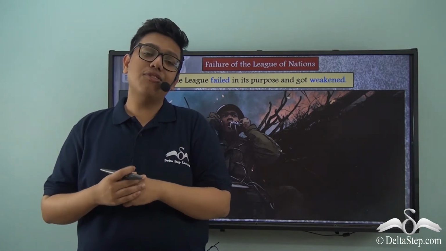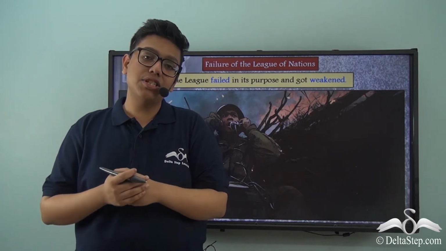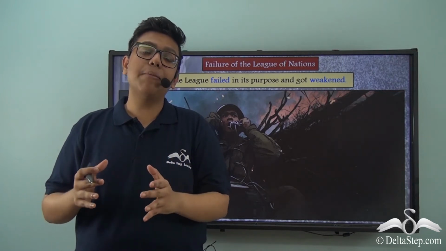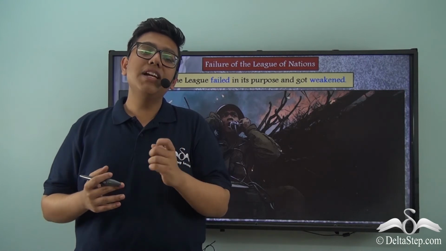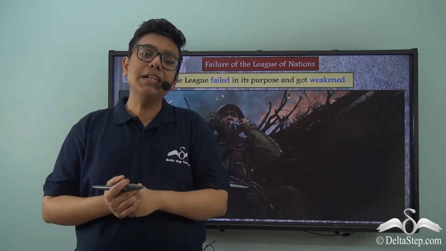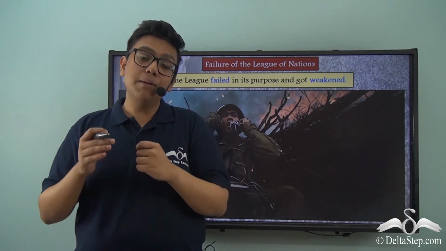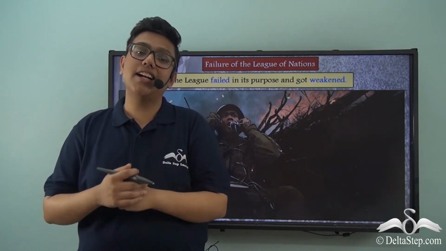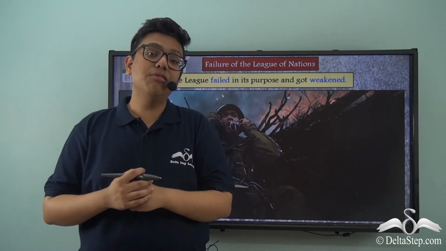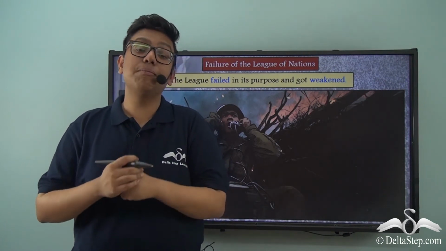The League of Nations felt that world peace can only be achieved if countries are kept in harmony. But world peace is not a mere political concept. It's not something which can only be achieved by the countries. World peace can be properly achieved if the people are happy. And the League of Nations failed to understand the aspirations of the people.